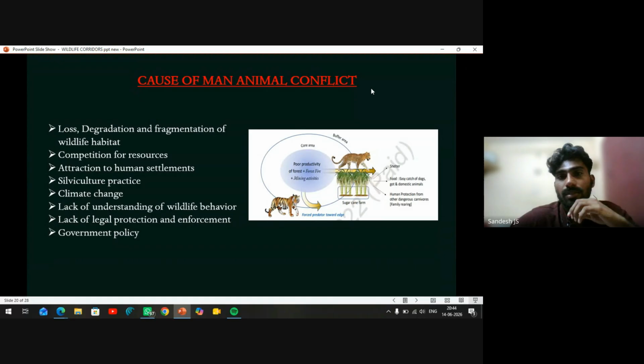Cultural practices. Agriculture means monoculture. Most of the plantation vegetation near the forest is teak and eucalyptus, which have no food resources for wild animals and prey species. They don't have anything there, so they come into human settlements for resources.